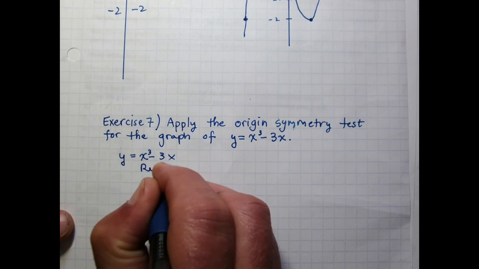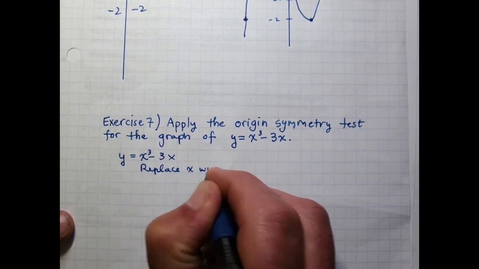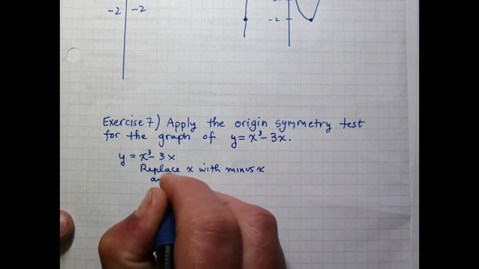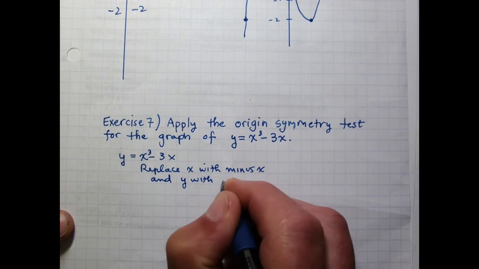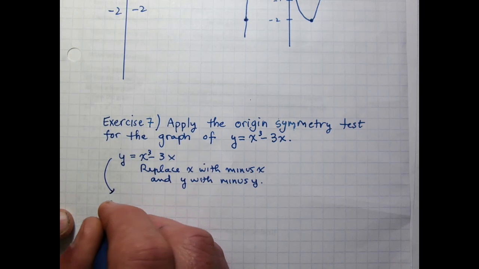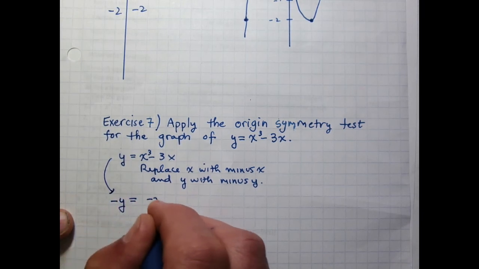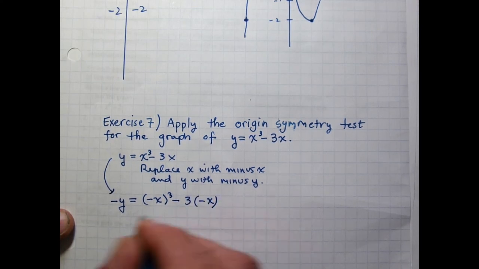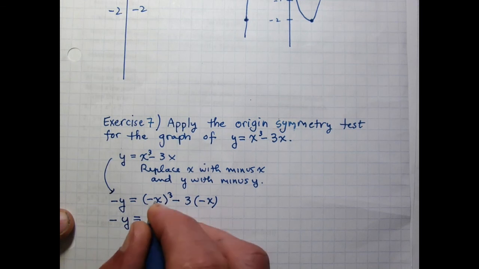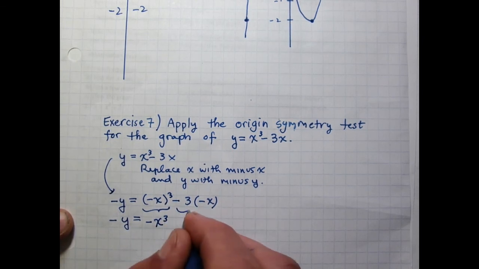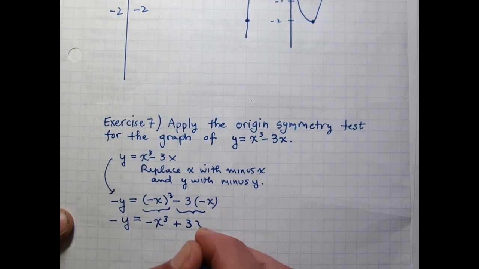So we're going to replace x with -x and y with -y. And what do we get? We get -y equals (-x) cubed minus 3 times (-x). Or, because I'm cubing, that's going to be -x cubed without the parentheses, and then because I have a negative times a negative, plus 3x.